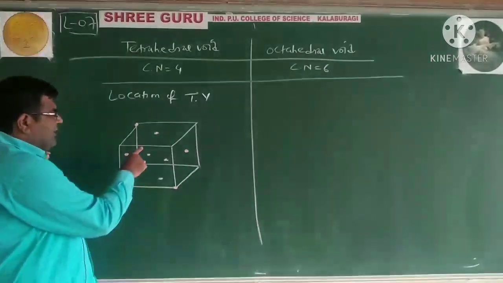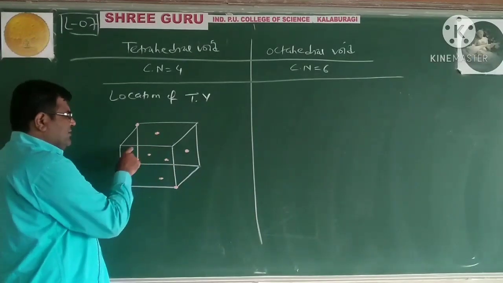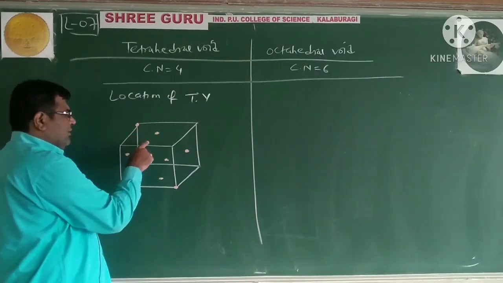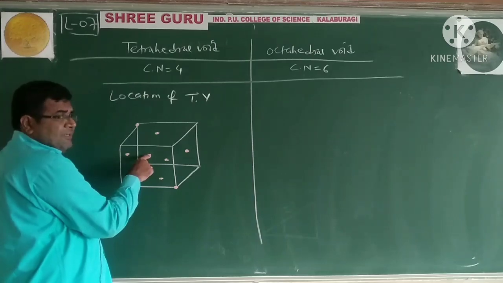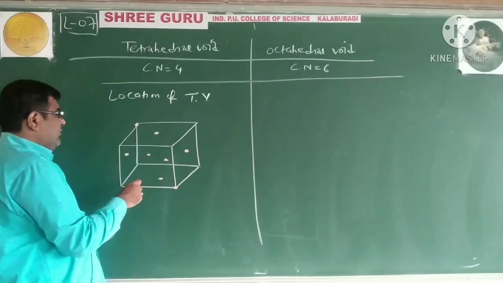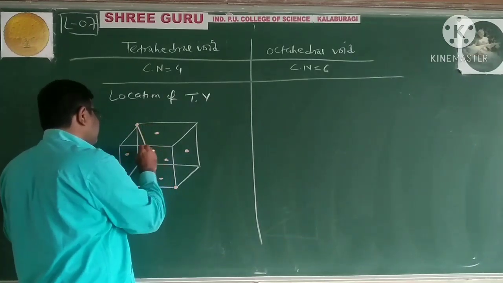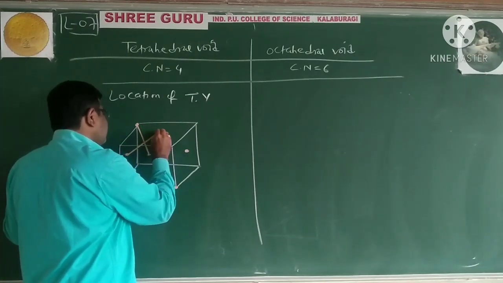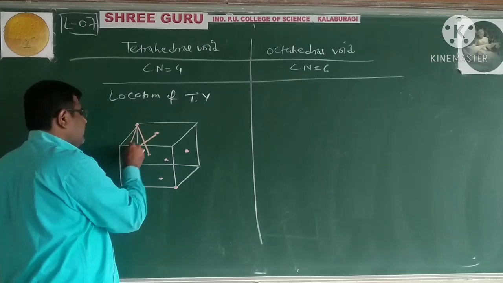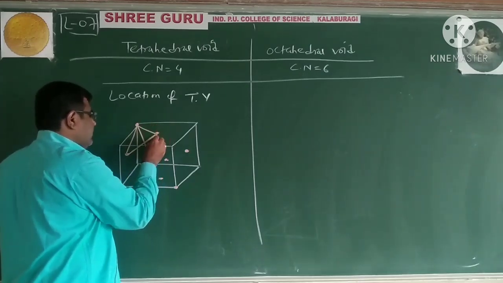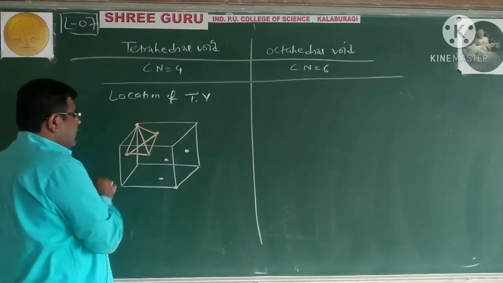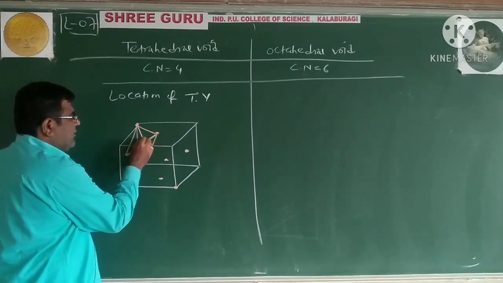Now these are the particles: face center, corner, and front face center. If we connect these points like this, this type of void is created.